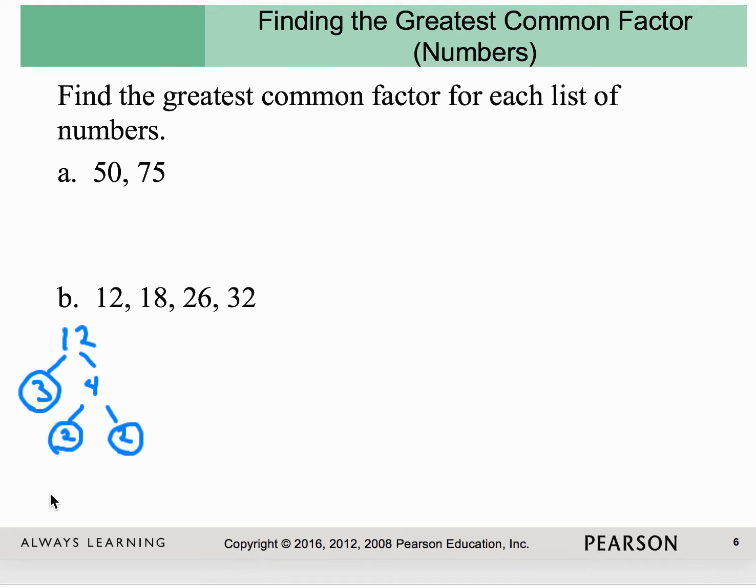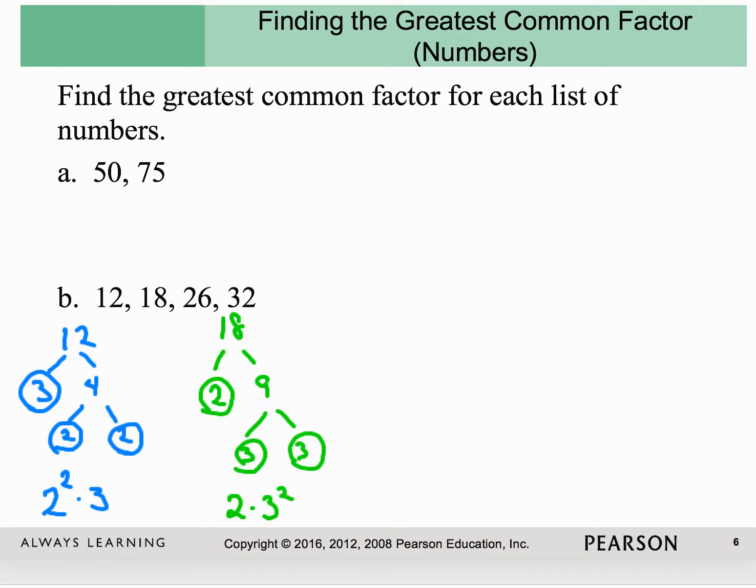So 12 I can write as 2 squared, because there's two 2's, and a 3. Let's do the same thing for 18. I can write that as 2 times 9 or 6 times 3. It doesn't matter. 9 is 3 times 3. Just whichever factors you think of first. So this one is 2 times 3 squared.